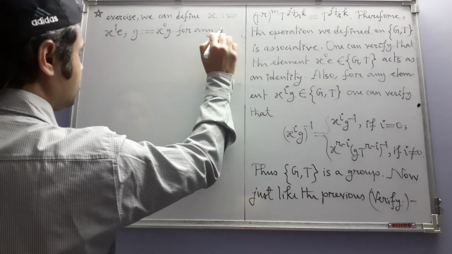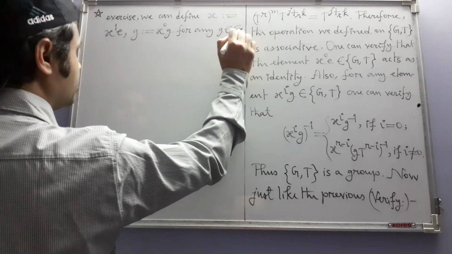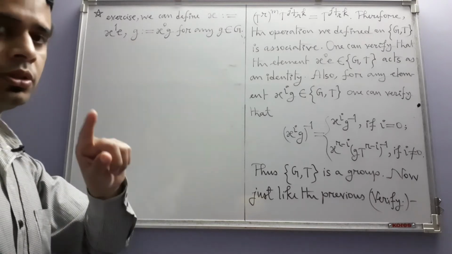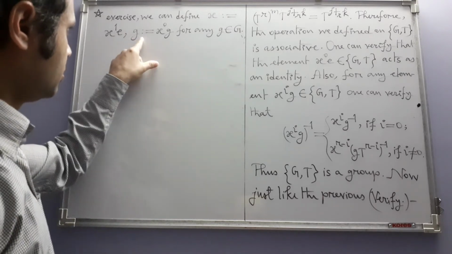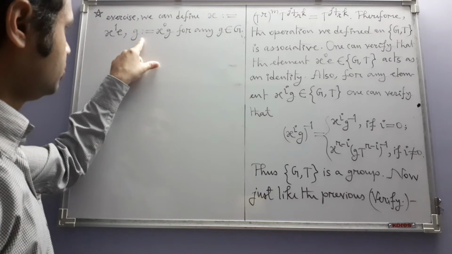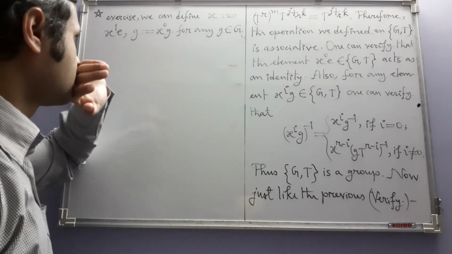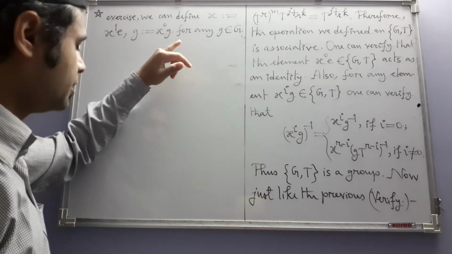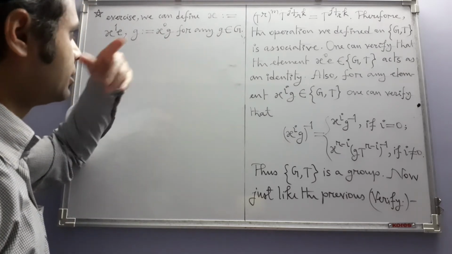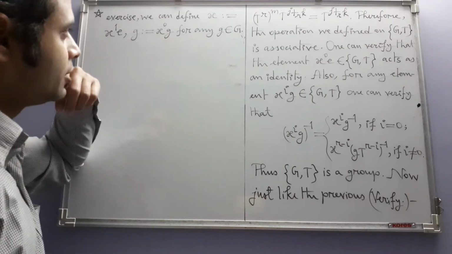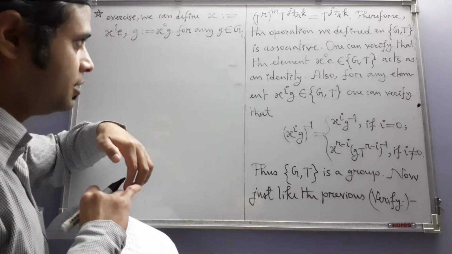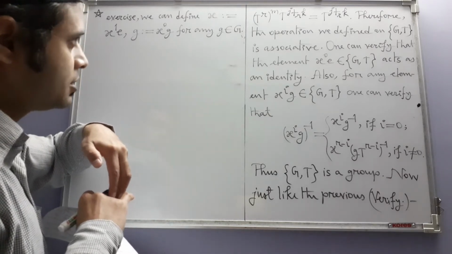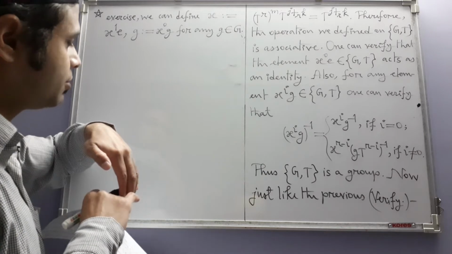The way I have written this here may be somewhat confusing because g is already given to us. g is an element of our group capital G. Then what is the meaning of again defining g?